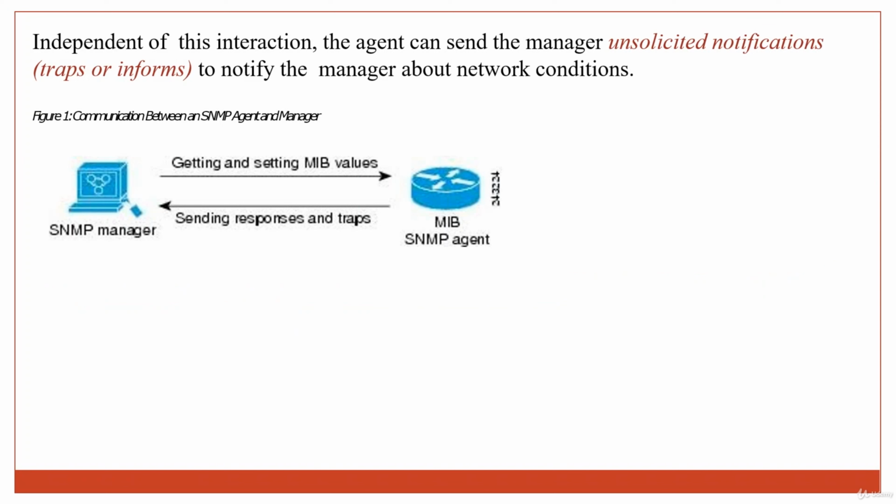Now again, regarding the communication channel, we have versions of SNMP. For example, the community based versions, SNMP version 1 and SNMP version 2c, and then we have authentication or user based SNMP methodology as well, that is SNMP version 3.